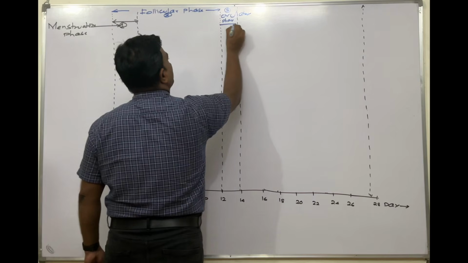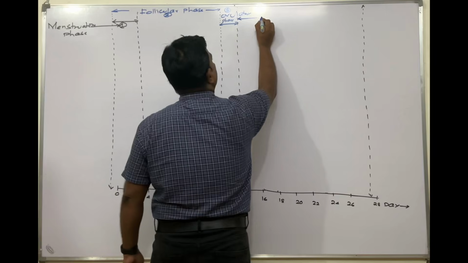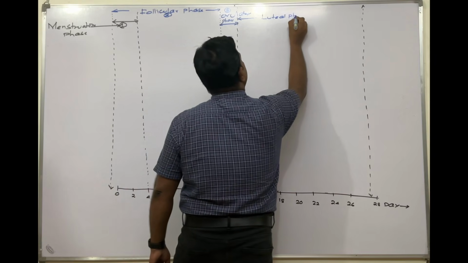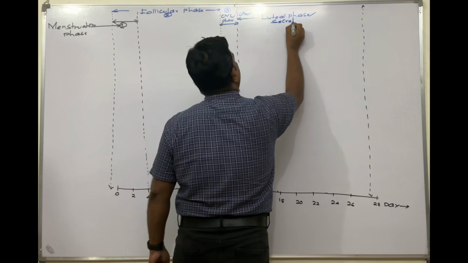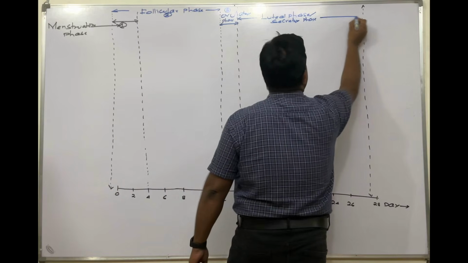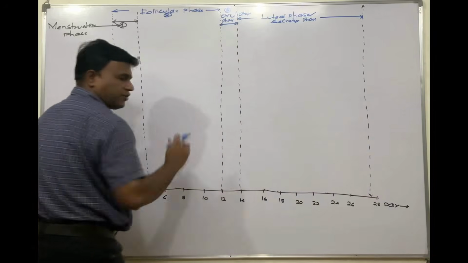This is number 3, this much. And from here to here, this is the luteal phase. We can say it as the secretory phase. So we classified the phases according to the days. And this is the day of ovulation.